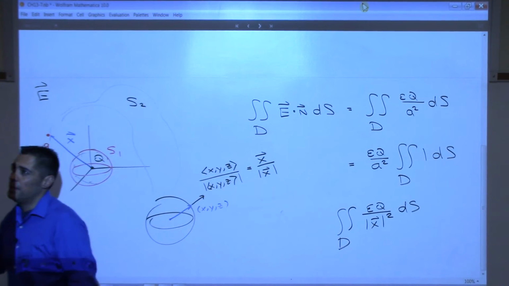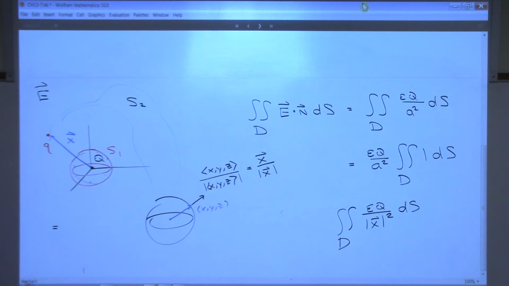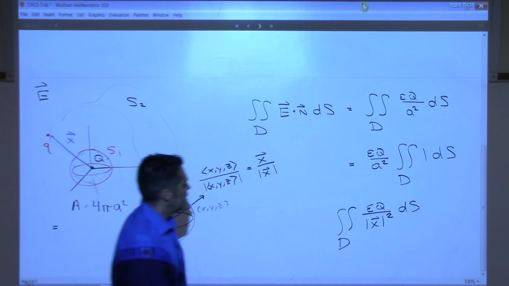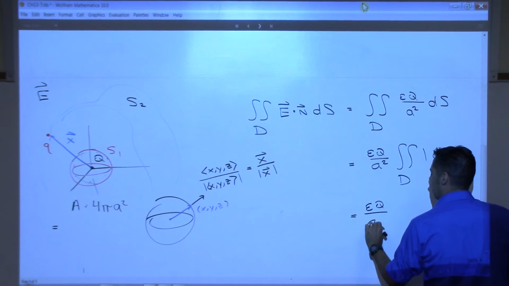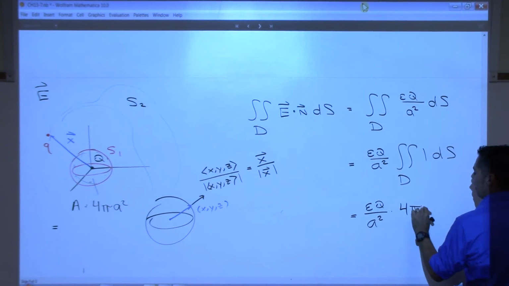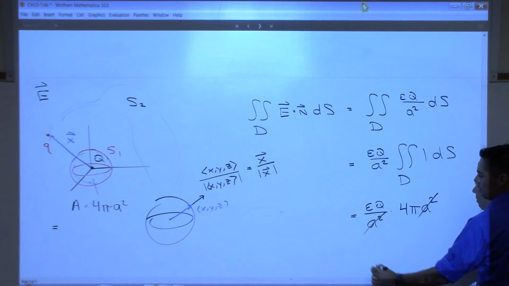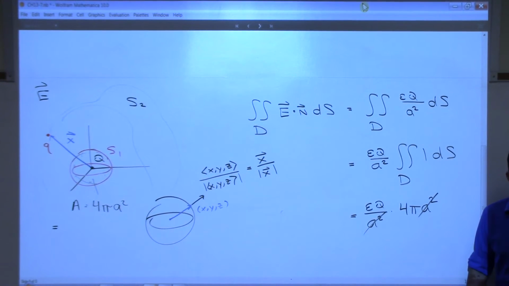The surface area of a sphere is 4 pi r squared, right? This has a radius of A. You good? Would you agree that this has an area of 4 pi A squared because the way I chose it? So this becomes EQ A squared times 4 pi A squared. Cancel, and you get 4 pi epsilon q, which is what we wanted to show.